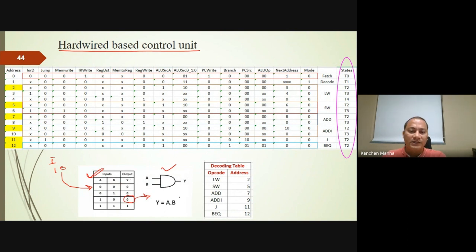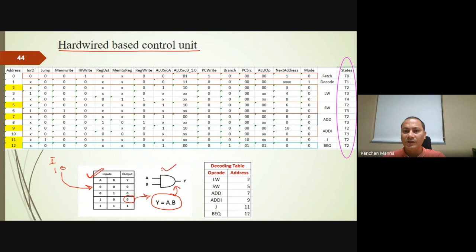Now you see here the same table can be represented using this logical expression, and for that purpose we have this AND gate. When we say hardware based control unit, we are generating this kind of circuitry. You can think of this as compressing this table into a gate or some hardware.